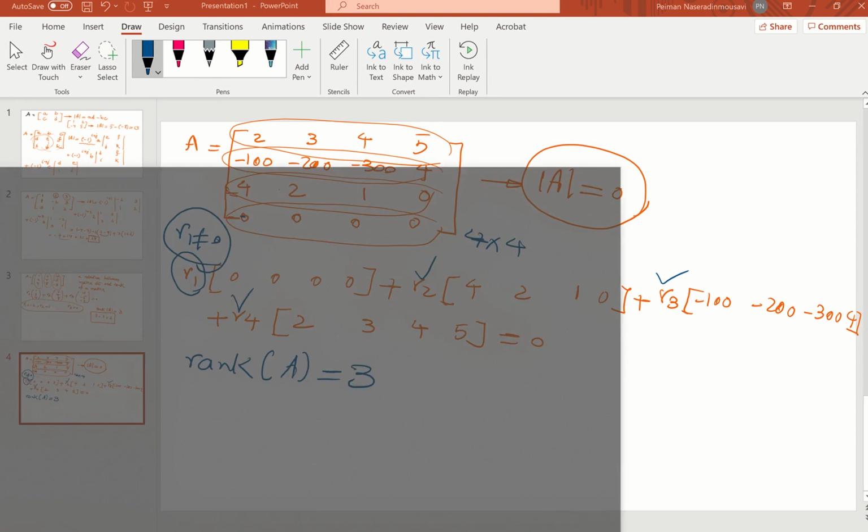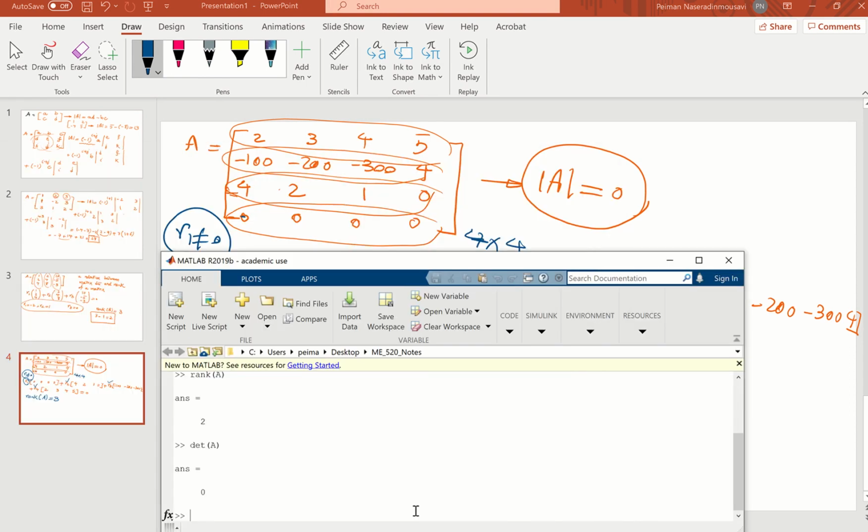So look at here, CLC. A is 2, 3, 4, 5; minus 100, minus 200, minus 300 and 4; and 4, 2, 1, 0. And the last line is 0, 0, 0, 0.